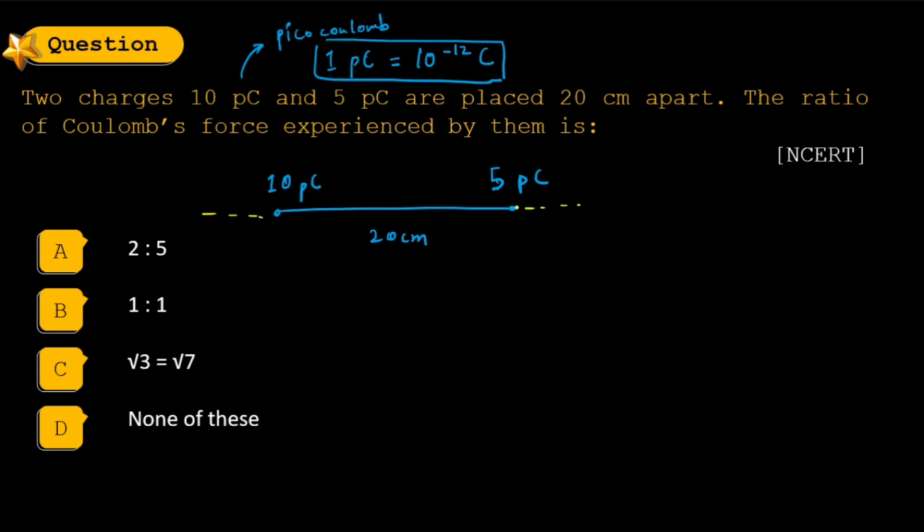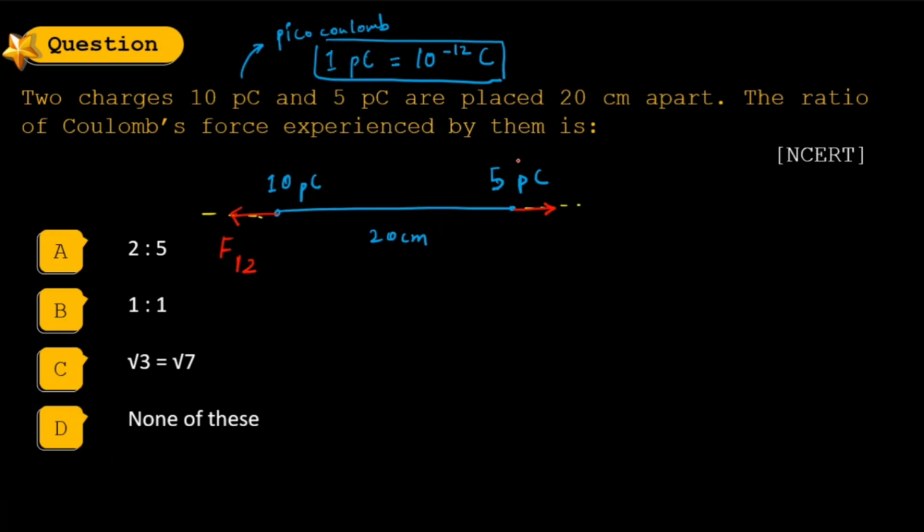First of all, let us figure out how the force will act here. We know that both charges are positive in nature, so they are going to repel each other. One will apply force in this direction and the other will experience force in this direction. For example, this 5 picocoulomb charge will try to push the other away. So this is the force on the first charge due to the second one.